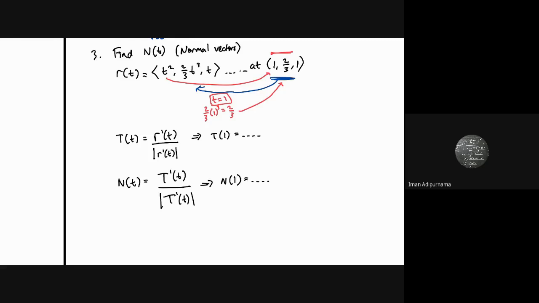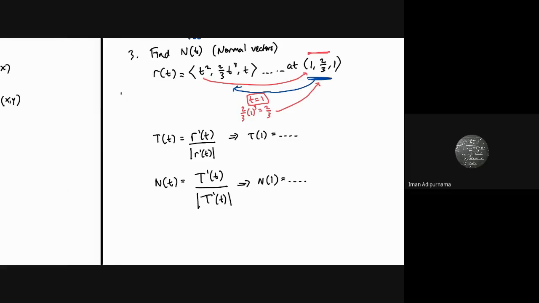So if you want to look at the first derivative, it is 2t, 2t squared and 1. And then the length is 4t squared plus 4t squared plus 1.